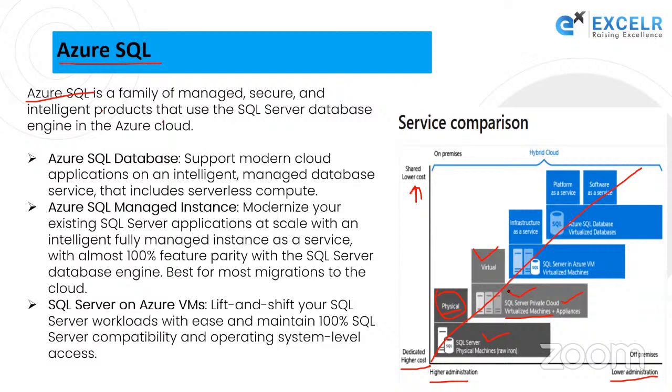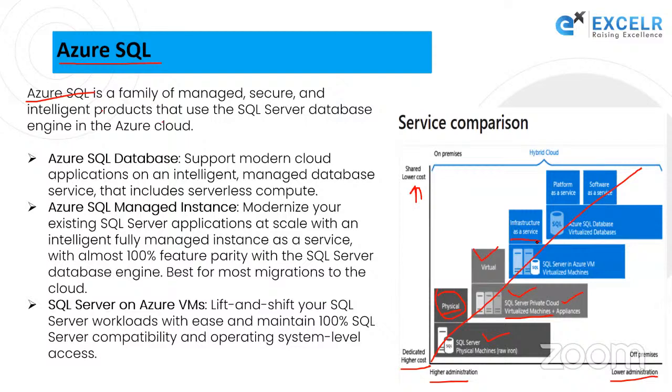Then we move to an architecture where we have an IaaS offering of your SQL server. A cloud provider will give you infrastructure, and you have to install the OS, install the database, and so on.